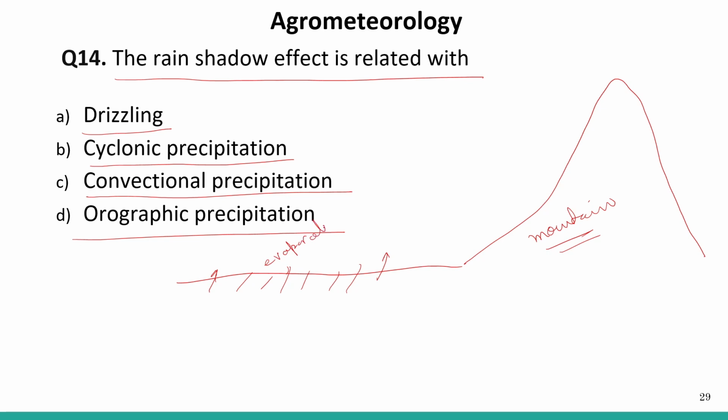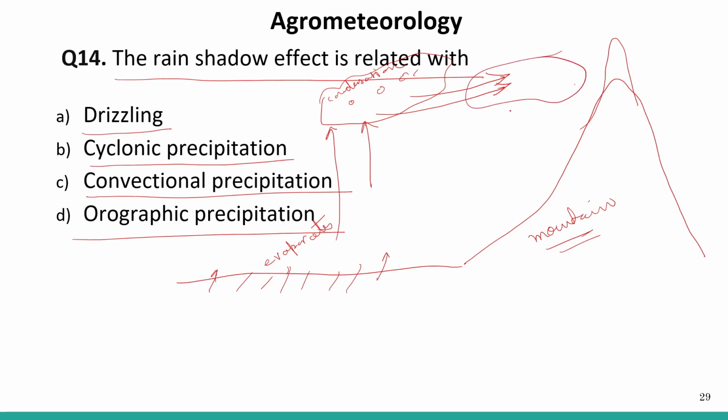The vapor goes higher in the atmosphere, right? The condensation takes place and it forms droplets of water. So when this cloud moves toward this mountain, the mountain blocks its movement and makes all the water fall here in the form of rain. That is the precipitation. It brings rain on this side.